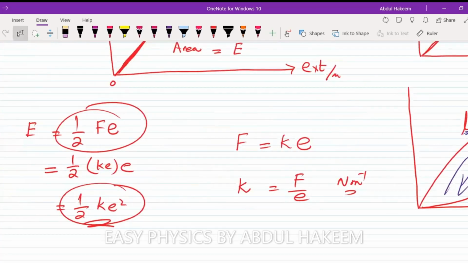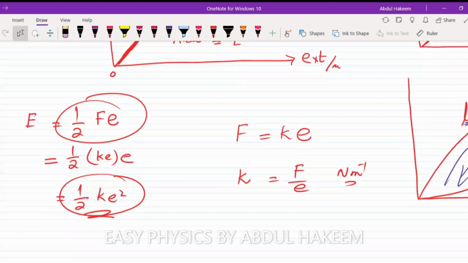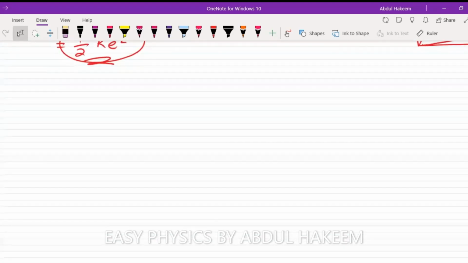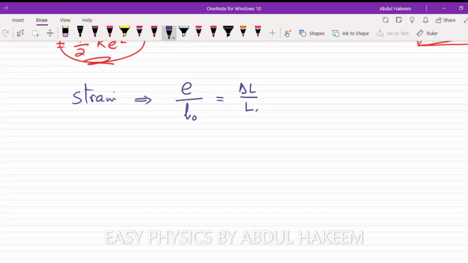Okay, so Hooke's law, strain energy, elastic potential energy, and the next is strain. What is strain? Strain is the ratio between extension and the original length, meaning delta L over L naught.